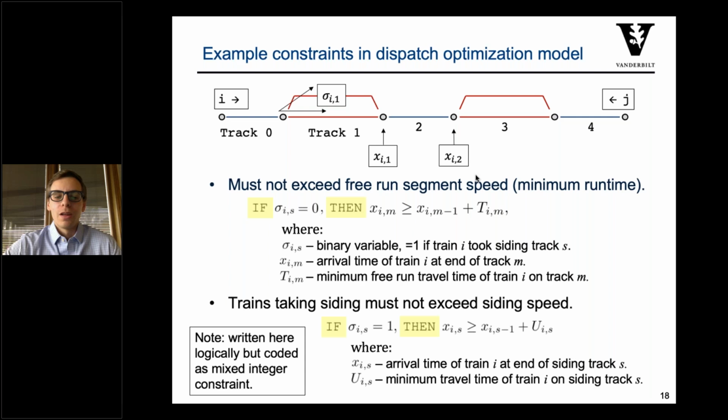They're written here as logical constraints. In actuality, they have to be formulated as mixed integer constraints, such that they can feed into the broader optimization problem. But these are the logical building blocks from which we compose the optimal dispatch problem.